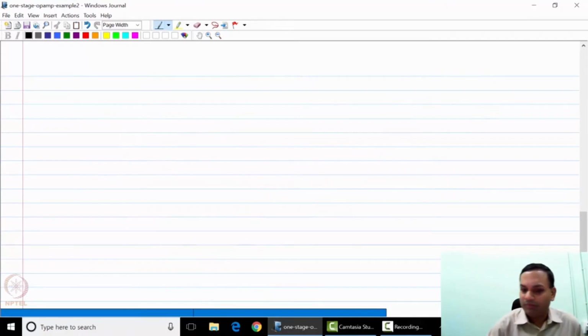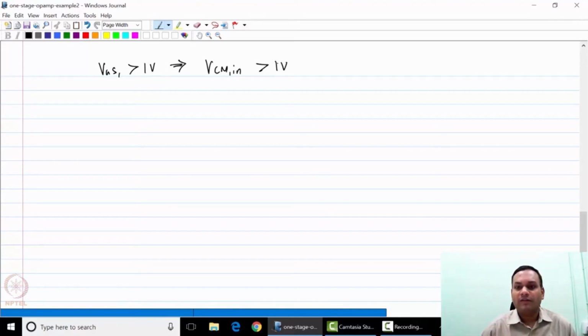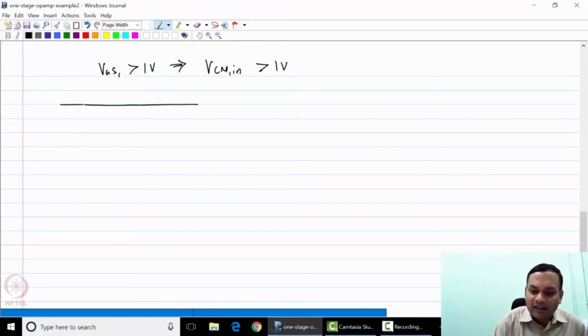We now have a problem because VGS1 should already be larger than 1 volt. VGM in has to be larger than 1 volt for the op amp that we have seen so far.